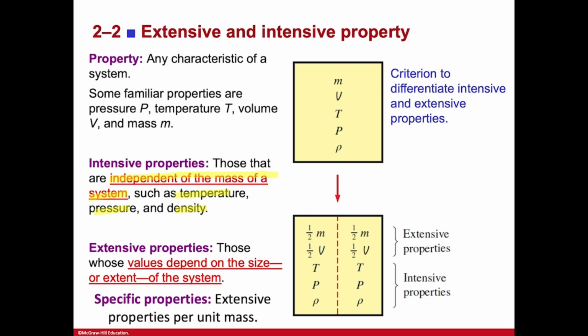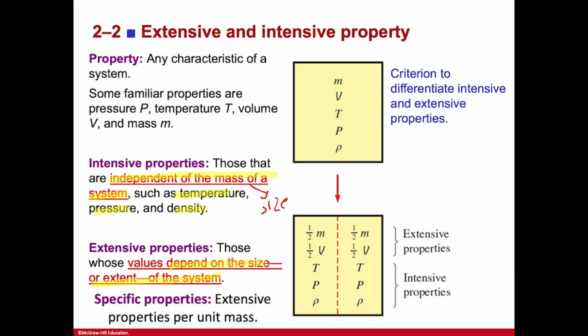Whereas extensive properties are those that depend on the mass or the size of the system. I think something should be added here: it's not just the mass, but also the size of the system. And it's always best when it comes to these to look at examples.